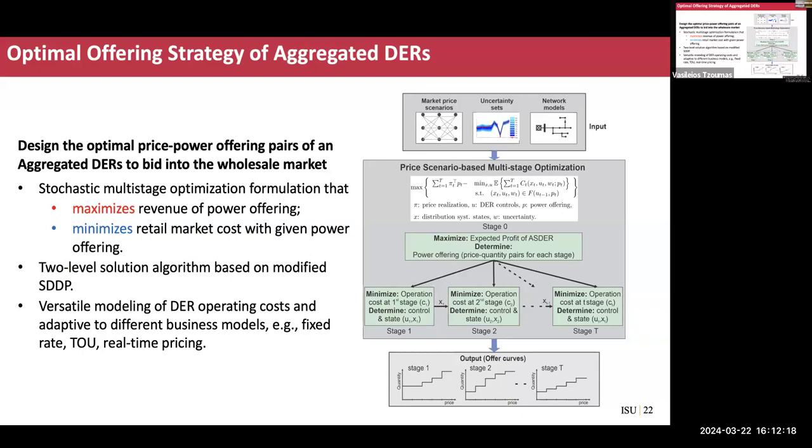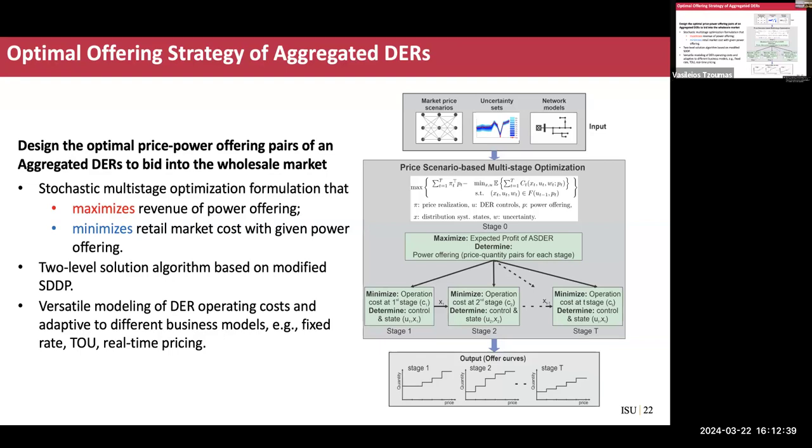You could have different business models for how you remunerate DR dispatch with your customer. For instance, you can have a fixed rate, or you can have time-of-use or real-time pricing for this lower-level trading between customer and aggregator.